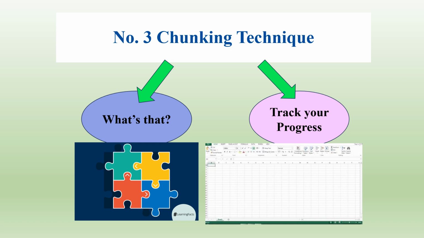So everything you can just track in the MS Excel file, and it will help you to know what about your progress, which is a very important part of any preparation.